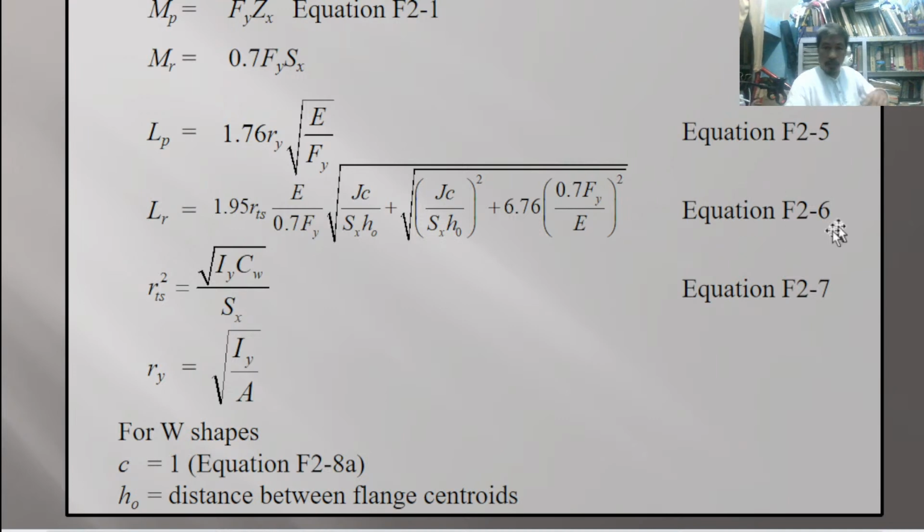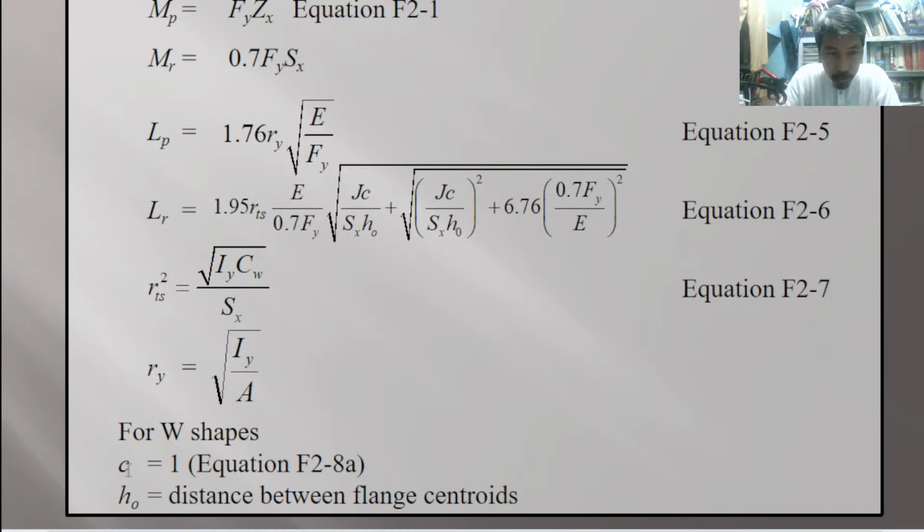Another equation from the code. Notice the complicated formula involved here. What is rts? rts squared is equal to square root of Iy Cw over Sx. So ry is equal to square root of I over A. So this is just the y-axis radius of gyration.